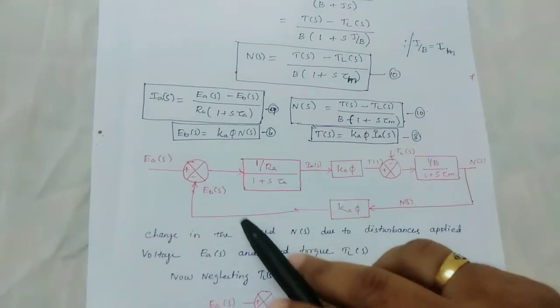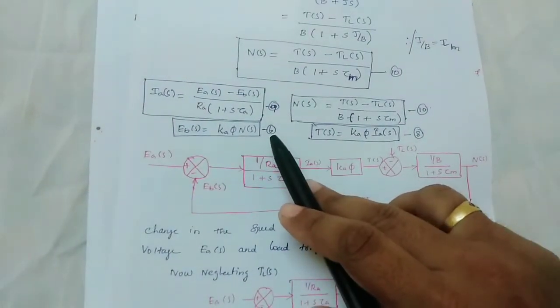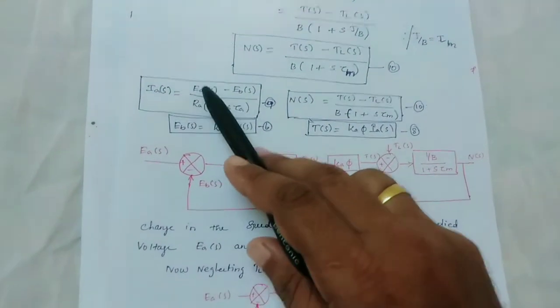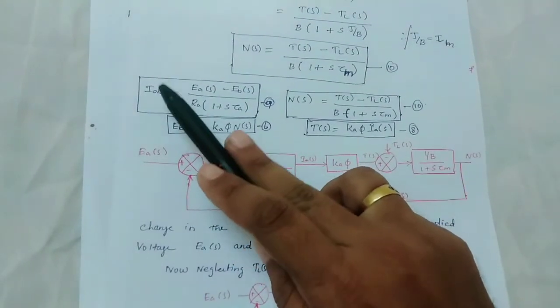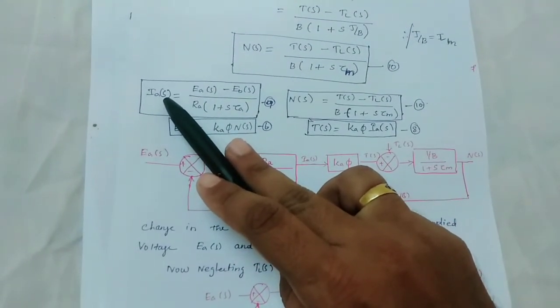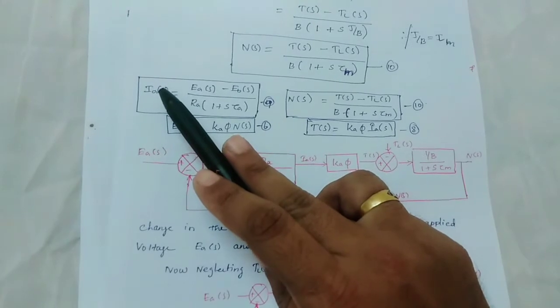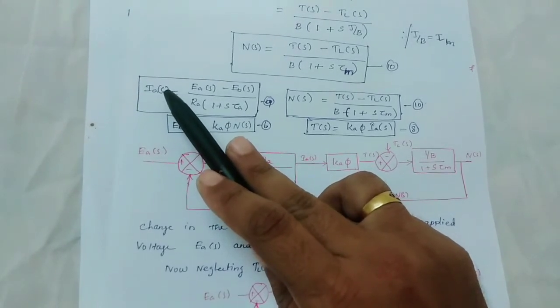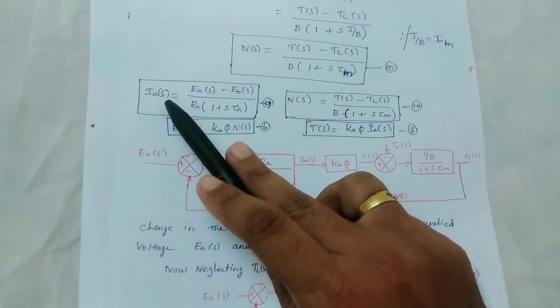First we can consider IA of s, that is, a supply is produced and given to the motor.